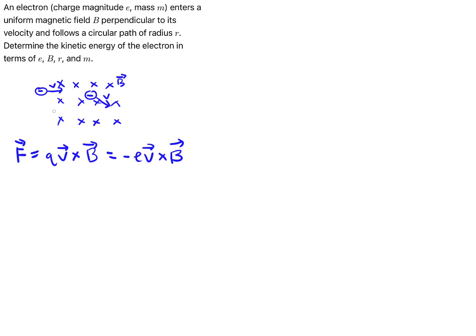If we use the right-hand rule on this electron, then if you do v cross B, the force would point up this way. But since this is a negative charge, we flip it and it ends up pointing this way. So this force pulls the electron in this direction.